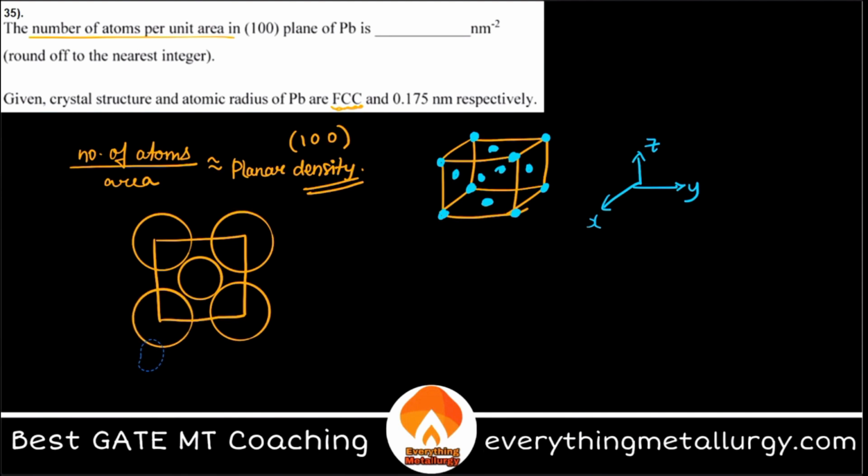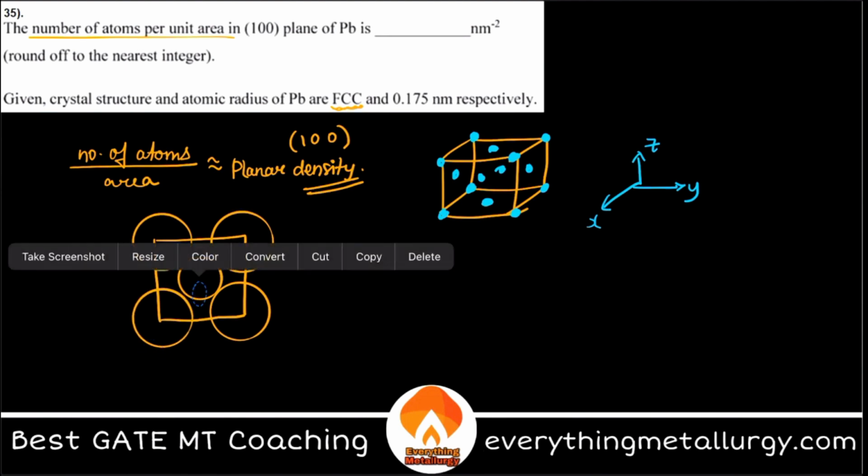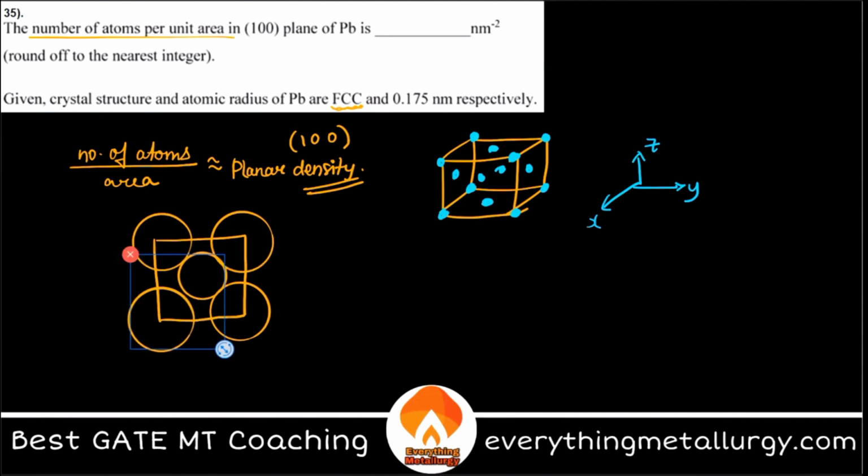Of course it's not showing in that way, but let me try to resize it a bit. Okay, fine, never mind. All are the same atoms, so all are of the same size. So here, how can you calculate planar density? Again, what is the condition between the lattice parameter and the radius? By drawing a diagonal, we call this a face diagonal.